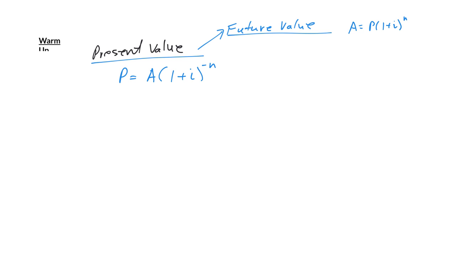I want you to imagine that this negative n actually goes backwards in time. Now, remember, that is called the present value, and that finds the principal based on the amount that we want at the end. So imagine if I gave you this problem.